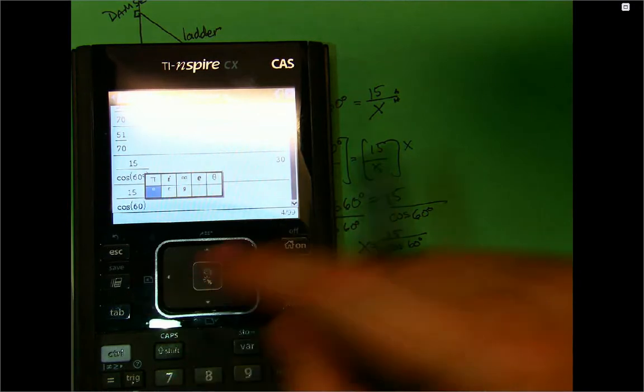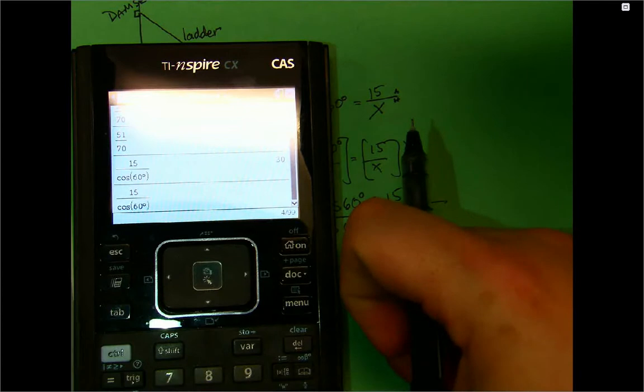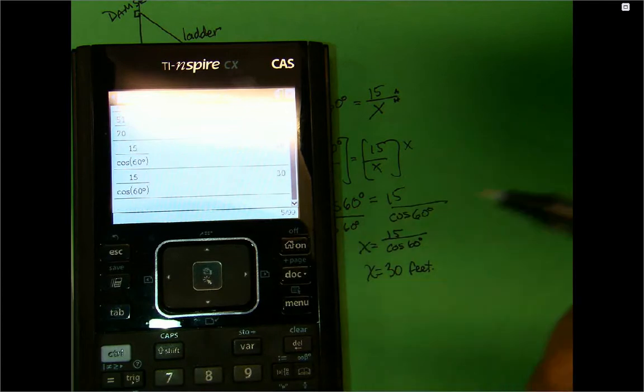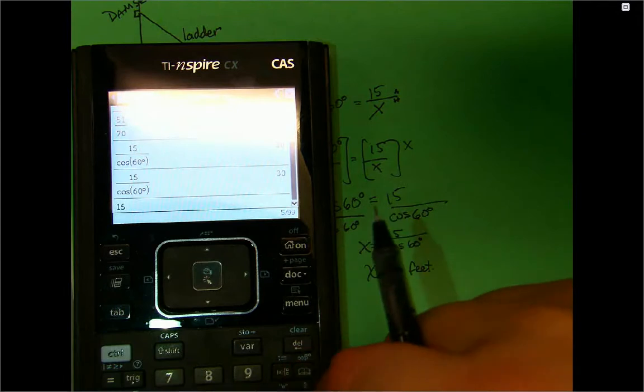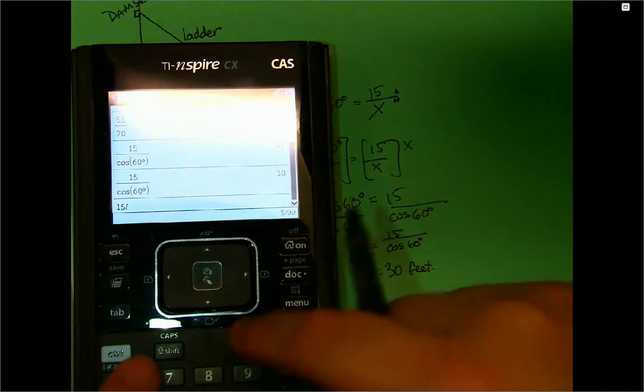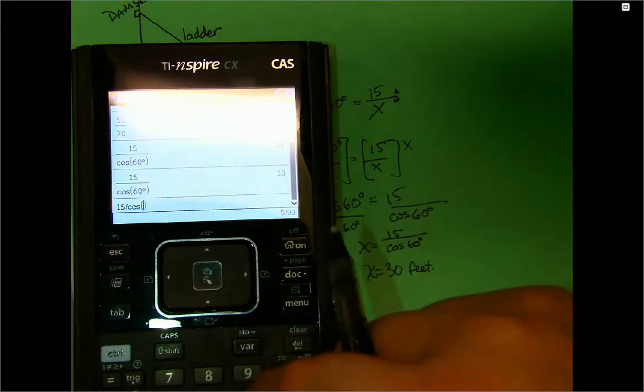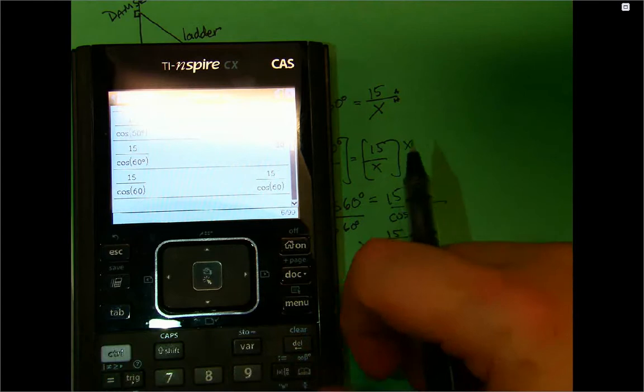Hit degrees, you get 30. Now the problem is, if you just did 15 divided by the cosine of 60 without doing that, you get a totally different number because the calculator is in radians.